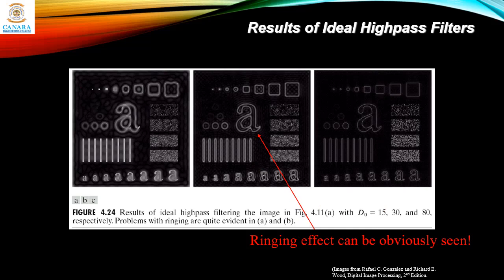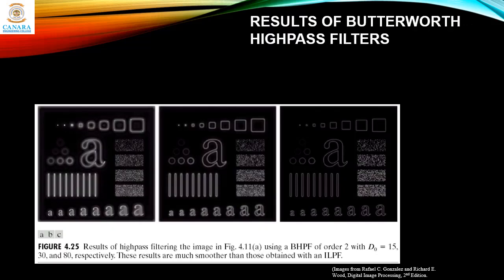Now if you switch over to the Butterworth high pass filter, with D0 equal to 15, 30 and 80, for D0 of 15 you can see a bit of a ringing effect.